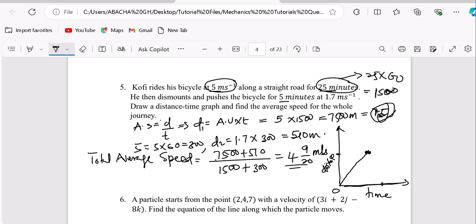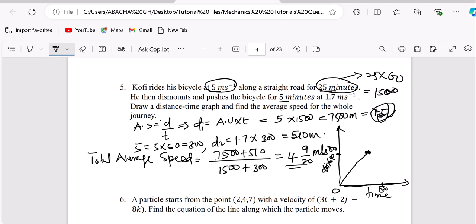Then after here, let's say here is 1500. This is the time, and this distance is 7500. So we add 510 to it. Adding 510 to 7500, you get 8010.